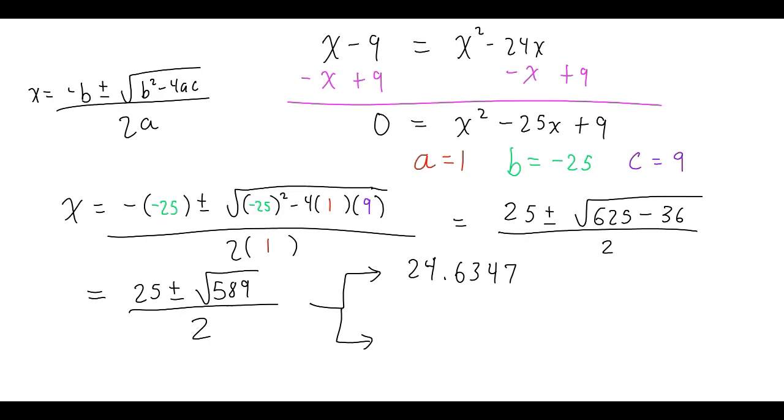And if I do 25 minus the square root of 589 divided by 2, that comes out to be 0.3653. Okay, so these are decimal approximations, which could be the answer, but let's go and check.